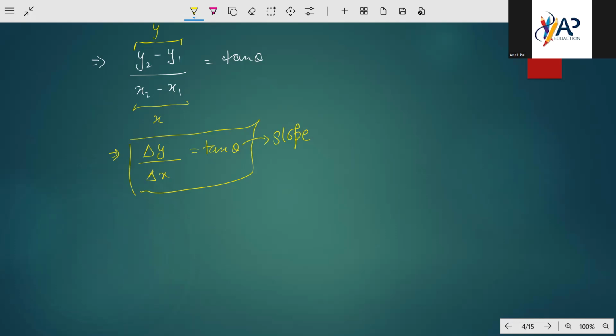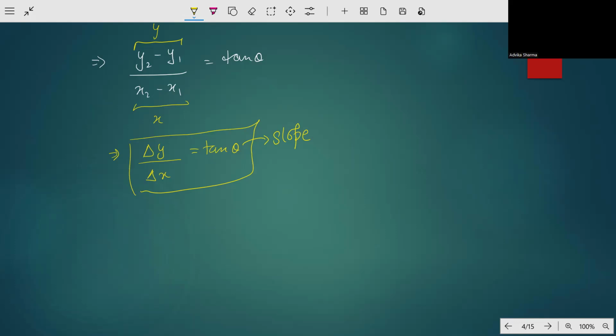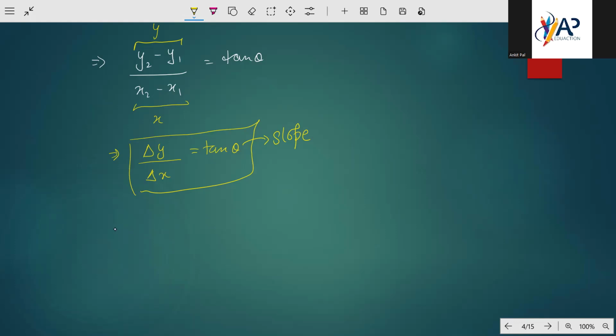Isn't it clear? Yes. Even we can also write delta y upon delta x, tan theta is equal to m.